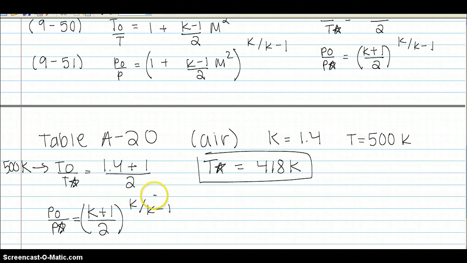You plug in 1.4 for K, and for P naught, which was given in the problem, you're going to plug in 8 bar, and you rearrange to solve for P star, which gives you 4.24 bar.